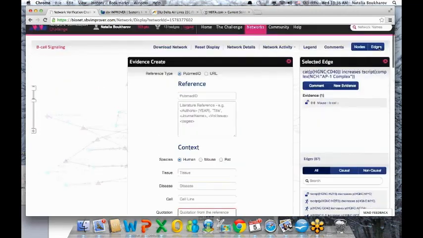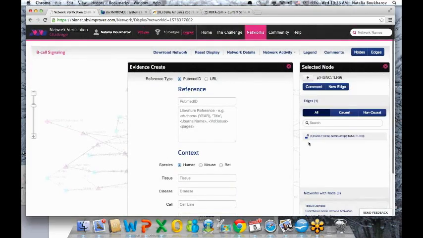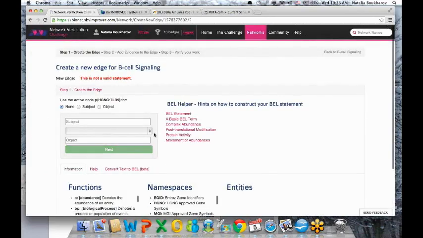There is also a way of adding additional edges. For that, you need to select an existing node in the model. Here I selected the TLR9 node in the model. We can add an additional edge to this node by selecting new edge on the right, and then it will give you this window where you have to select whether this TLR9 will be your subject or object.